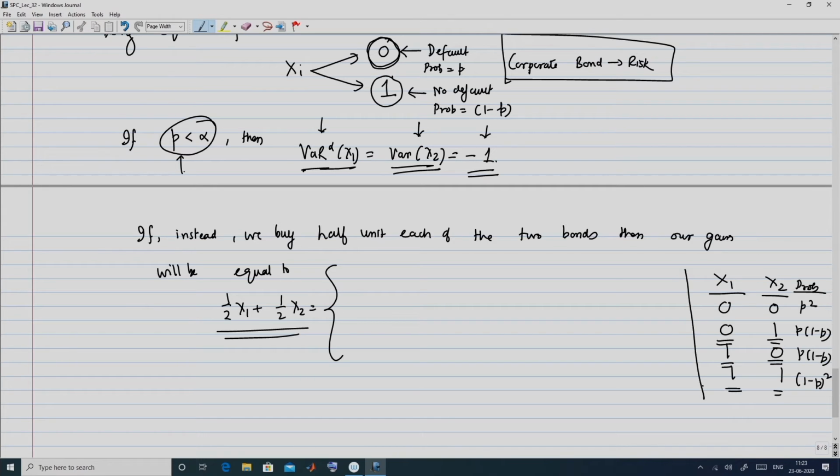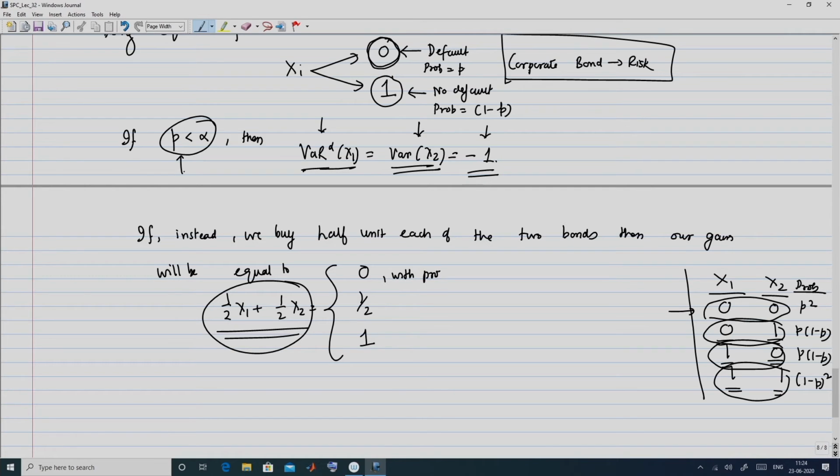So, this means that this random variable half x1 plus half x2 either can take the value half of the sum of these two, which is 0, or it can take the value of half of 0 plus 1 or 1 plus 0. So, that is simply half, or it takes half of 1 plus half of 1, which is equal to 1. So, for this value of 0, the probability is p square.